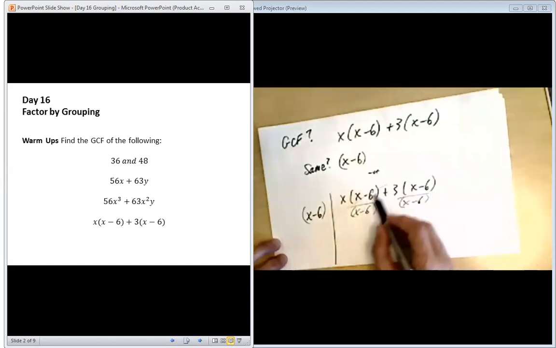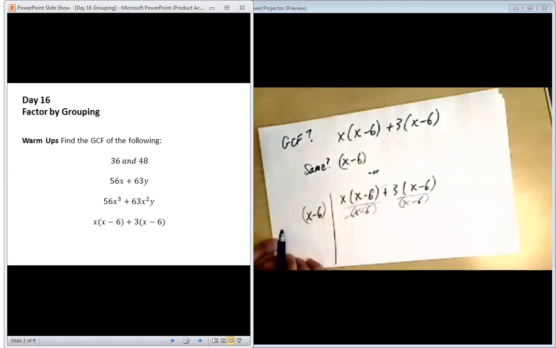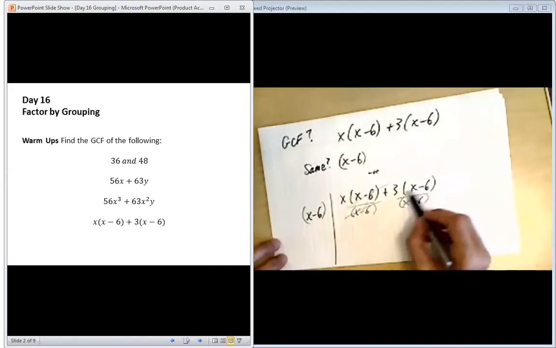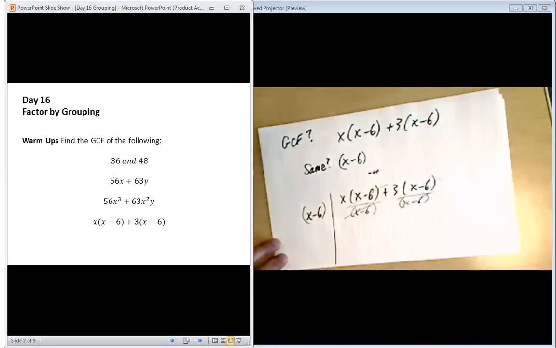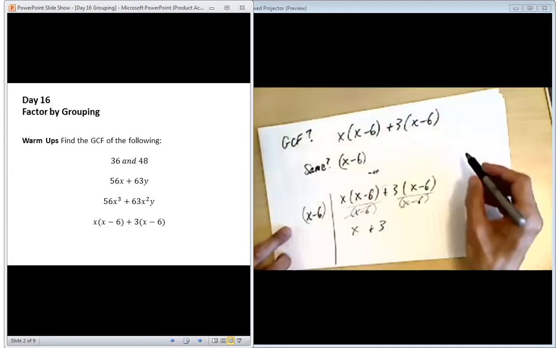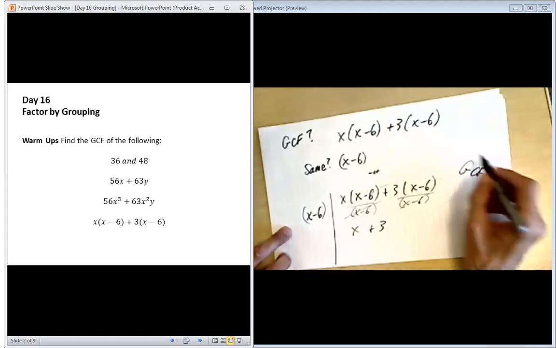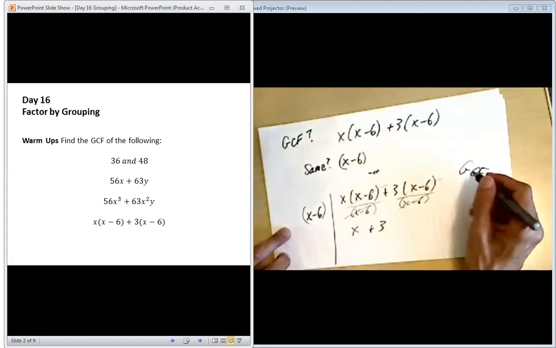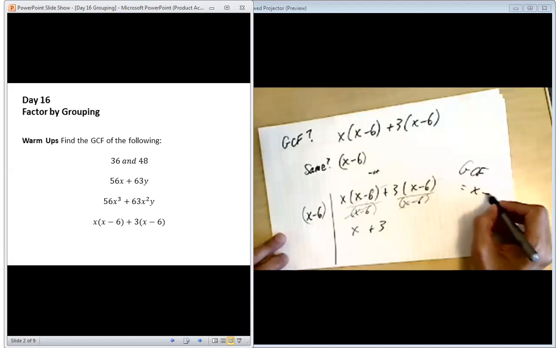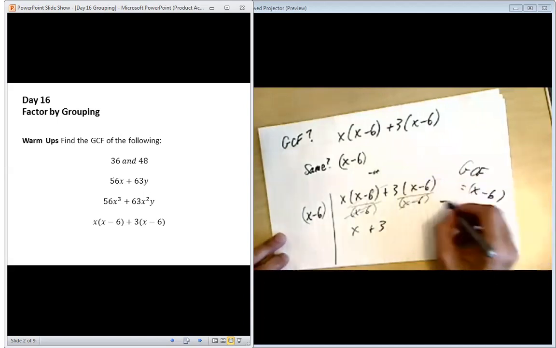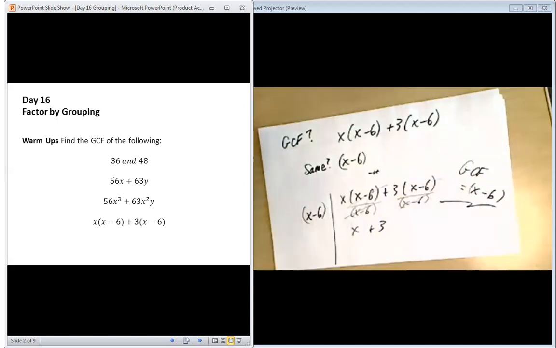Like the whole thing, that's gone. x minus 6, gone. Just like that. And what are you left with? x plus 3. Okay, but what's the GCF going to be? Yeah, you can actually officially take it right from the top there. x minus 6, and I'll put it in brackets.